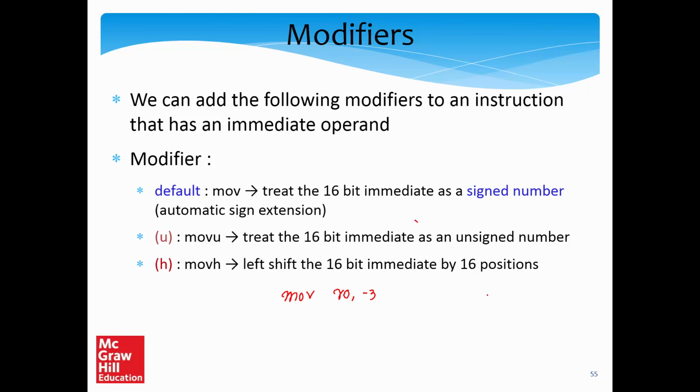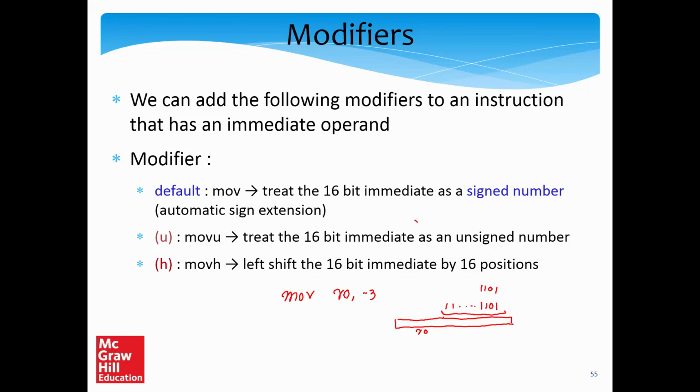So what is -3 in a 4-bit system? -3 in a 4-bit system is +13 or 1101. What is -3 in a 16-bit system? Nothing, just perform sign extension. It remains the same. So now the question is that when this is being moved to R0, which is actually a 32-bit register, what should be the default behavior?